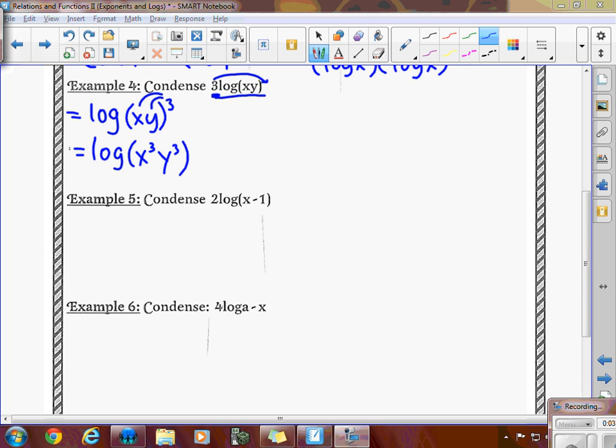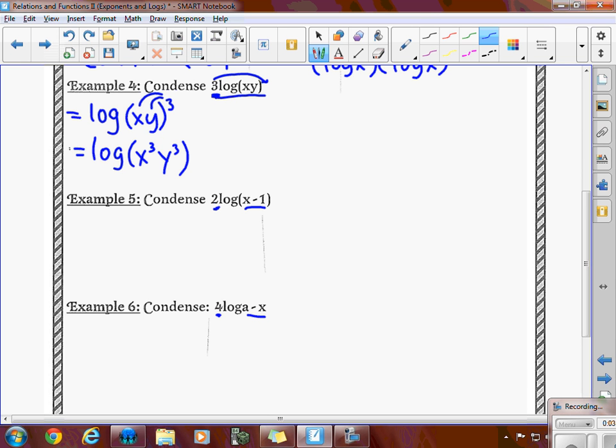The next 2 examples kind of complement one another and take your thought process into 2 different places. Example 5 and example 6 both have logs, both have a coefficient out front. One has a 2, one has a 4, and both of them have what appears to be 2 terms after them. Example 5 has the x minus 1 in brackets. Example 6 has a minus x not in brackets.